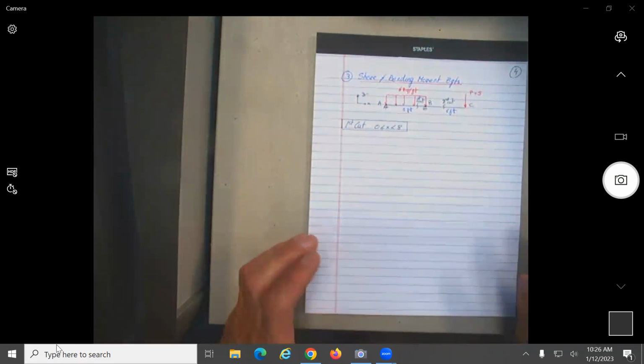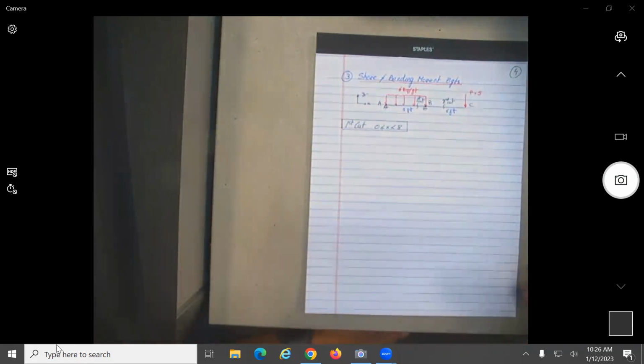All right, so now it just becomes a static problem over and over. We make the cut. What do we need to do? Free body diagram. After free body diagram, what do we do? Find the forces on the Y or the X and the bending moment. In order to do that, we do summation of forces and summation of moments. So again, it becomes the same problem over and over again.